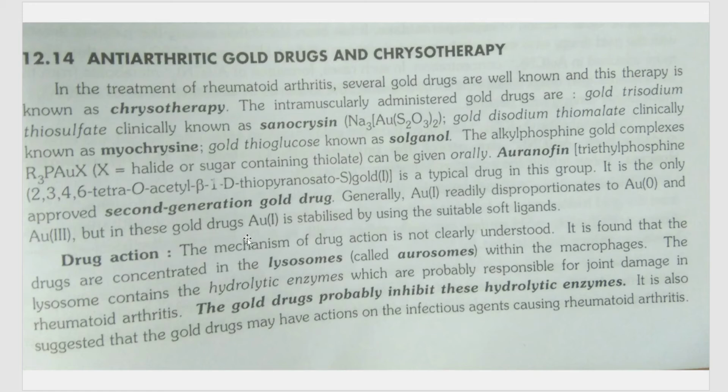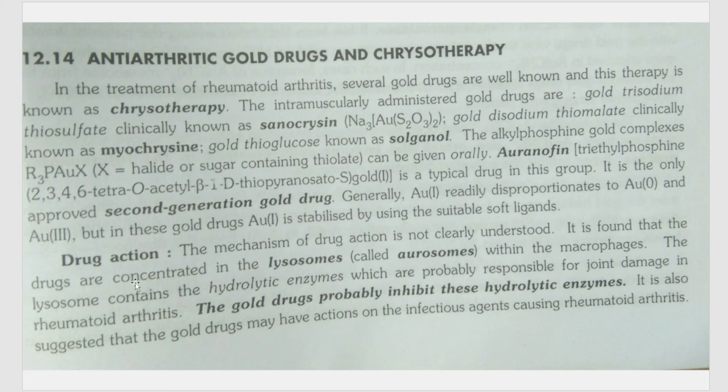But in the case of these gold drugs, so that it does not undergo disproportionation, the Au(I), that is Au with +1 oxidation state, is stabilized using some suitable soft ligands.